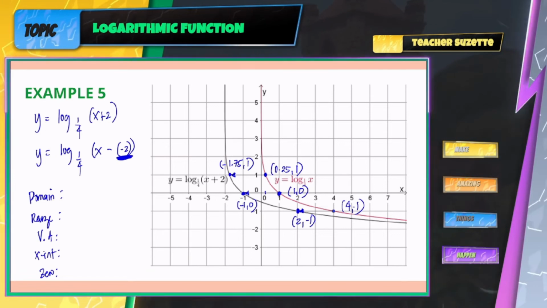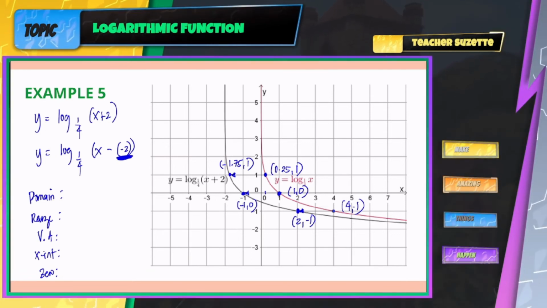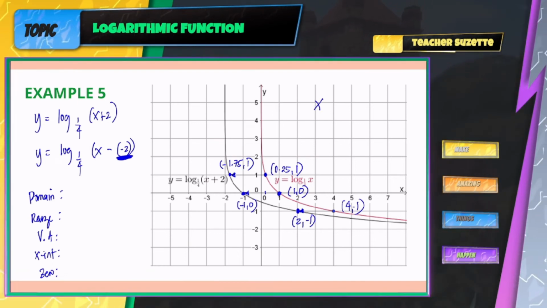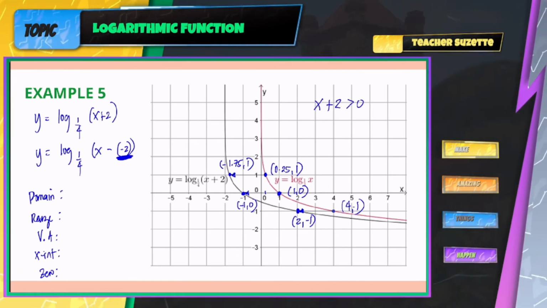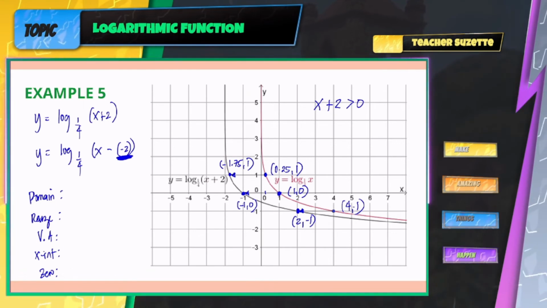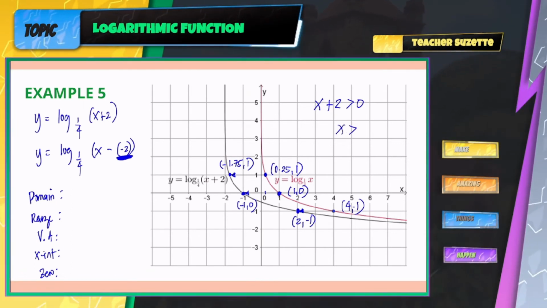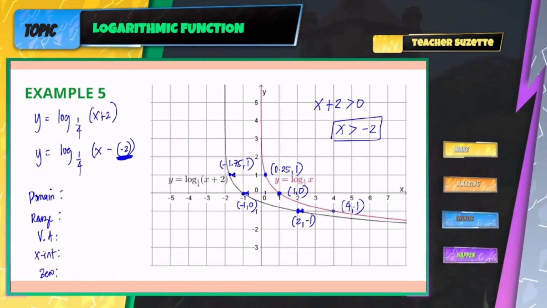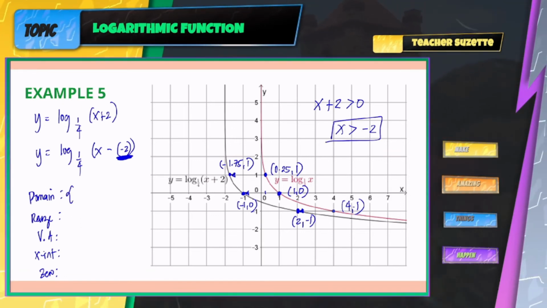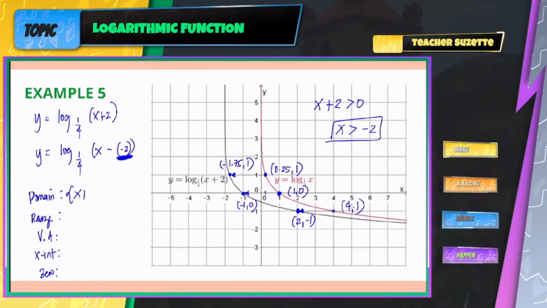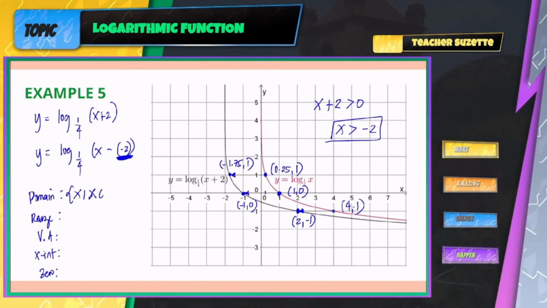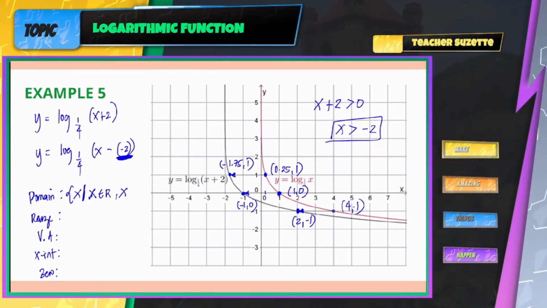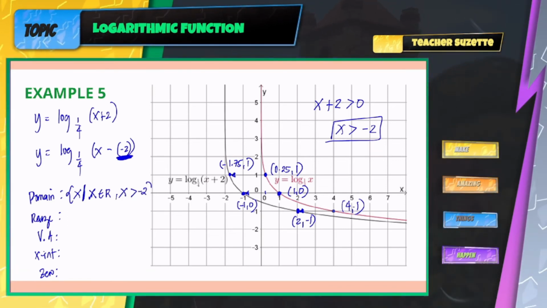Kasi dahil nga po nagkaroon siya ng x plus 2 sa ating logarithm, so ibig pong sabihin nito is that magkakaroon tayo ng x plus 2 should be greater than 0. So, let's solve for x. So, our x now will be x is greater than negative 2. So, with that, we can state that our domain is an element of real numbers where x is greater than negative 2.